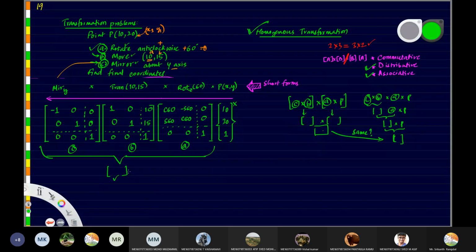In this case, I have applied only three transformations. You can have hundreds of transformations, even 100 to 200. First rotate, move, mirror, scale, in any combination, hundreds of times. By multiplying all these matrices, you will get a single matrix, and with just one multiplication, it will be able to do all those transformations.